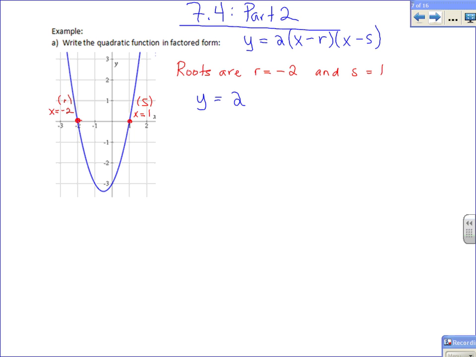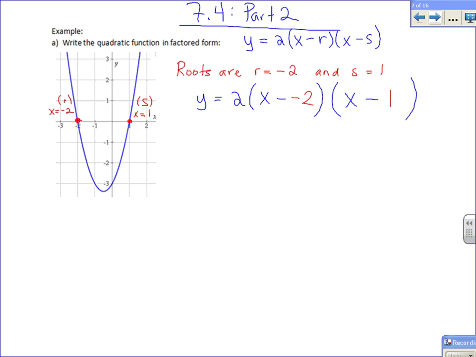I don't know what that coefficient a is yet; I have to solve for that. But I do know that r is equal to -2. So I'm going to write in here x minus r, where r is -2, so I'm going to put a -2 in right there, multiplied by x minus s, and s is 1.